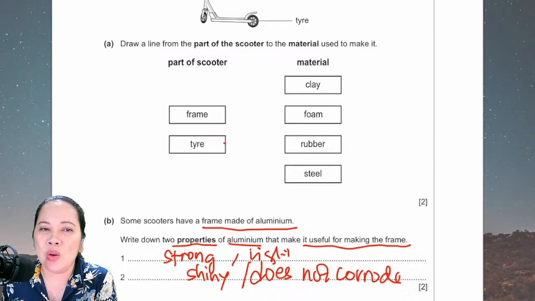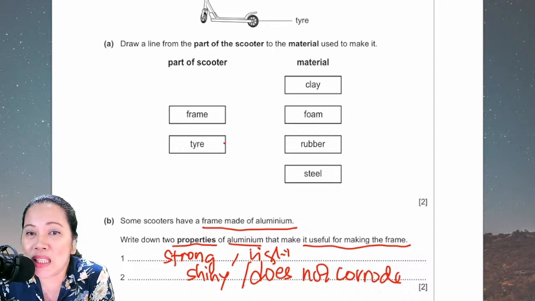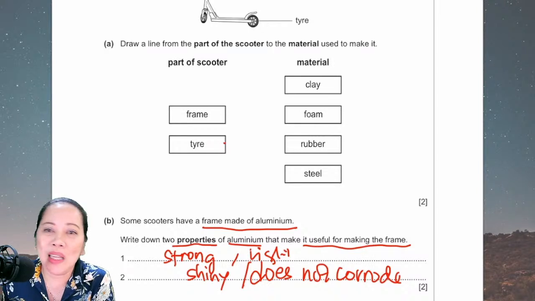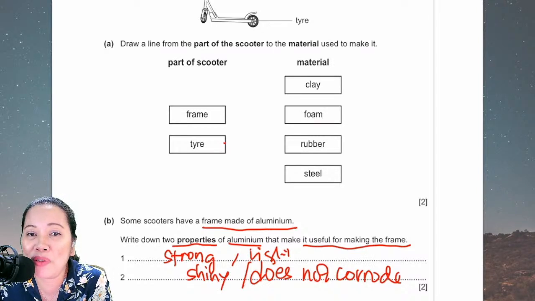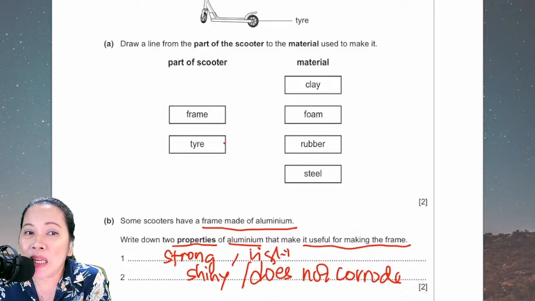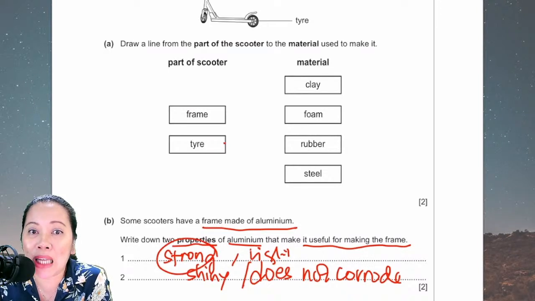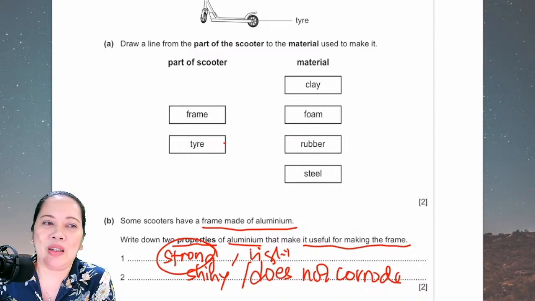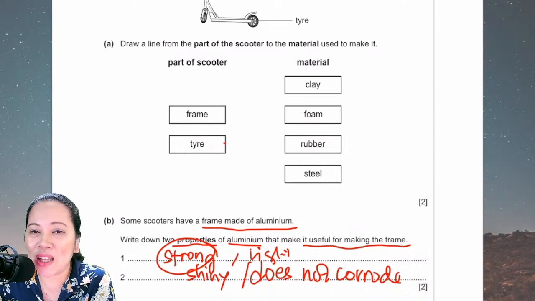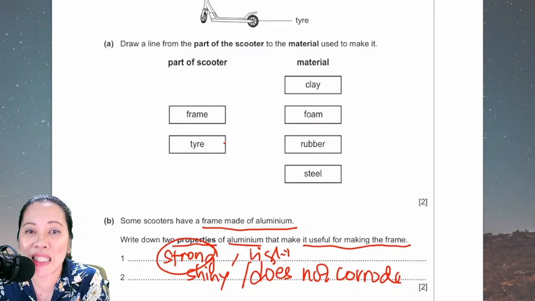Even if you don't know what aluminum is, by the way, aluminum is one of the elements in your periodic table, and aluminum is under metals. So these properties, strong, shiny, malleable, light, and does not corrode or rigid, are properties of metals.